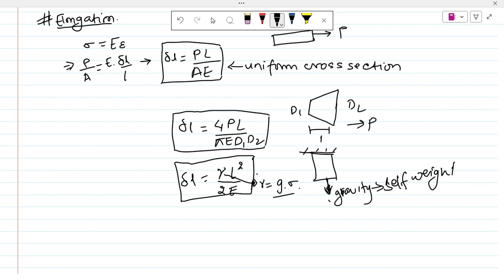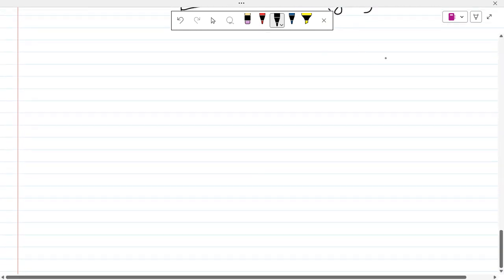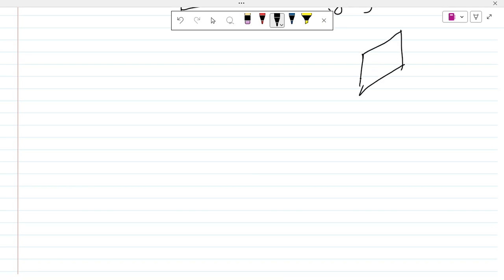Now we will talk about triaxial loading. Triaxial loading means a body is loaded triaxially. There is a body. I'm making it x, y, z. This is my convention. So sigma x, sigma y, and sigma z.